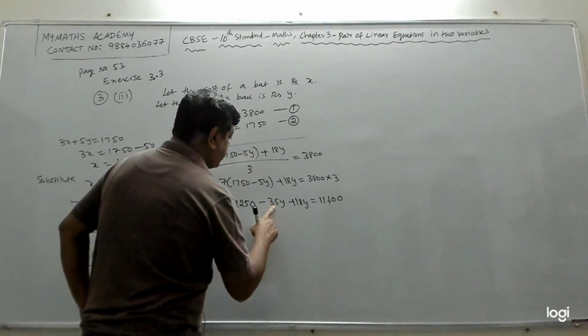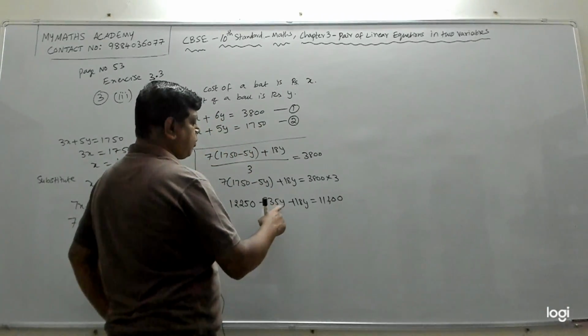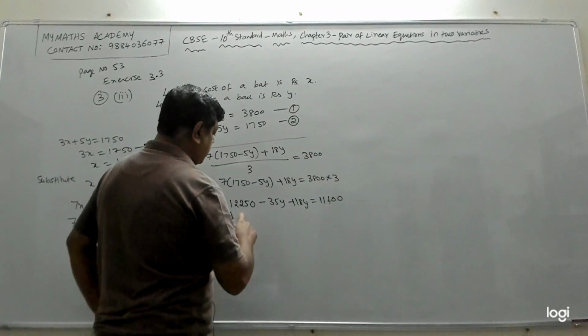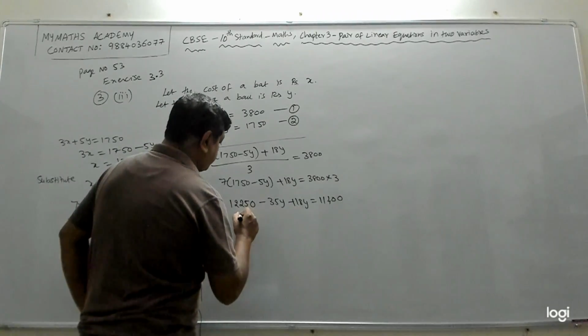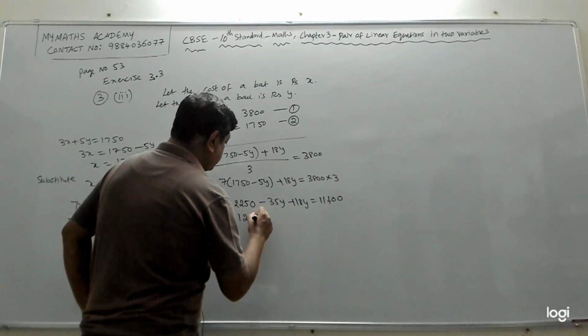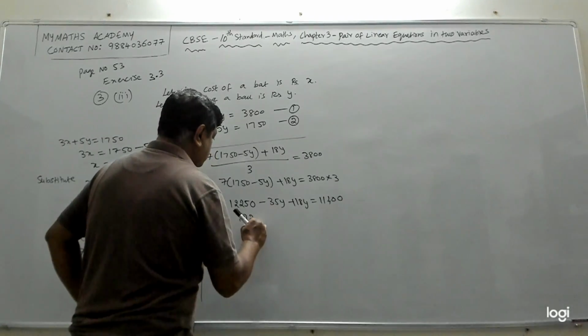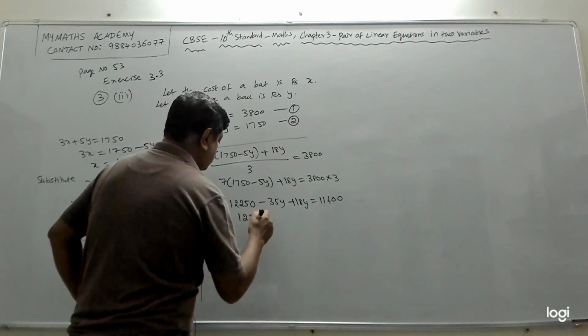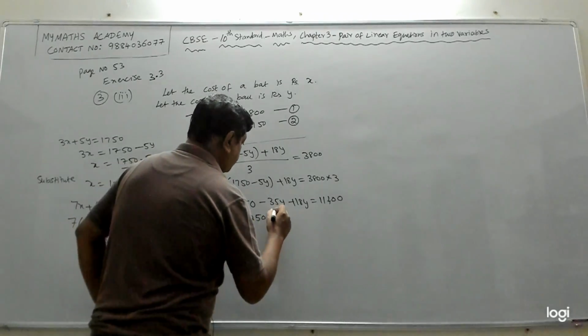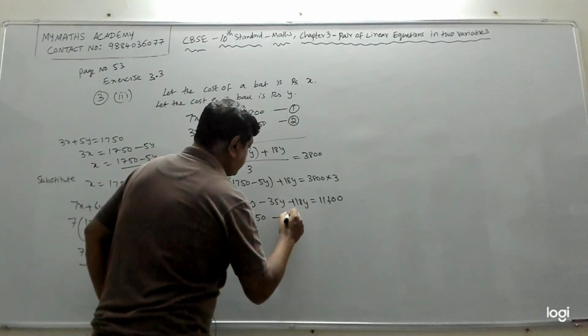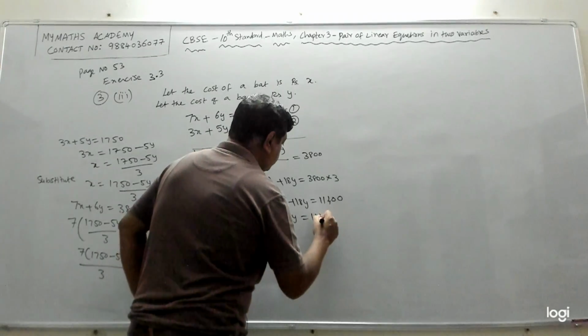So you get 12250 minus 35y plus 18y equal to 11400. So this is minus 17y equal to 11400 minus 12250.